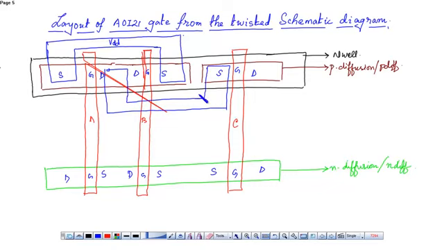So connect with the source. Now these two drains are connected together and this source is connected to ground.